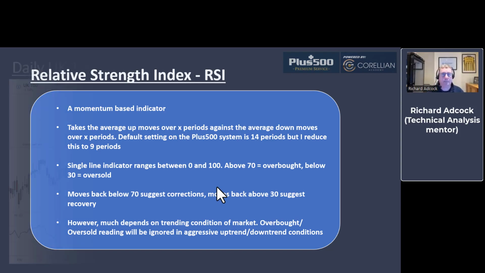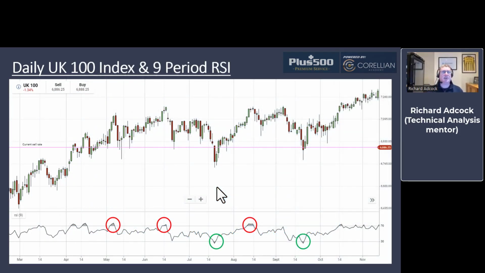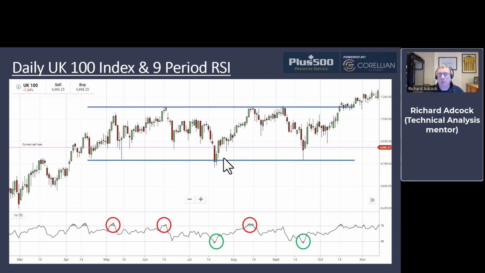Okay, so let's take a look at a daily chart of the UK 100 index and the 9-period RSI, which is the line below the price action. And I've highlighted by the circles areas which reflect overbought, marked by the red circles, and oversold, marked by the green circles. Now, you'll notice that price action is caught within a sideways trading range.